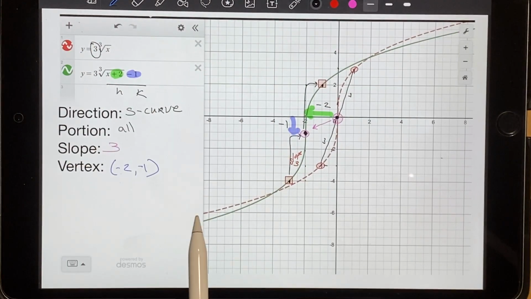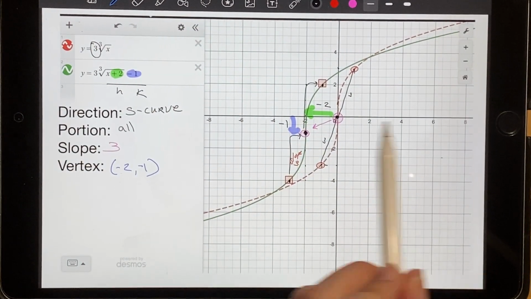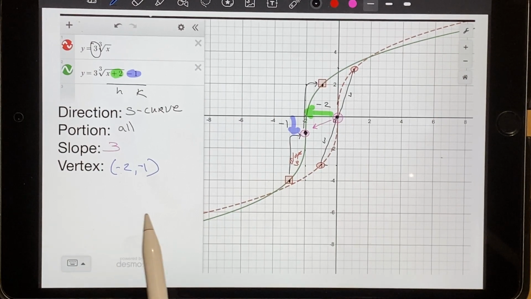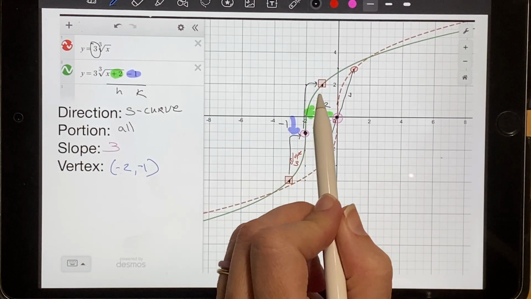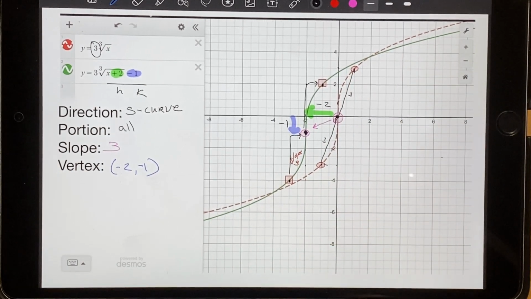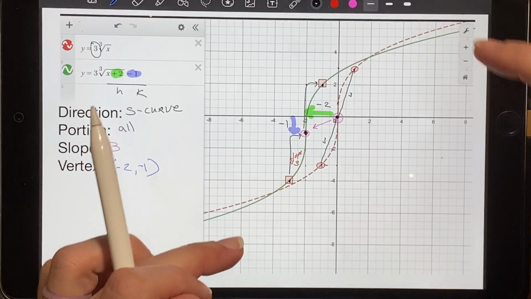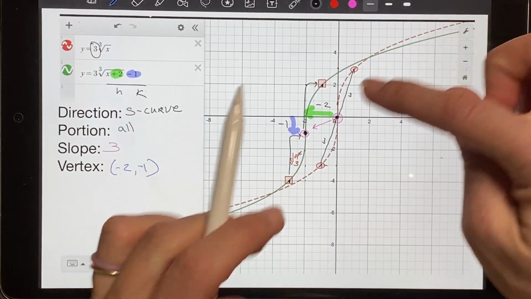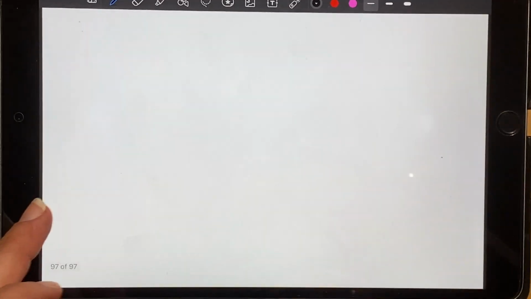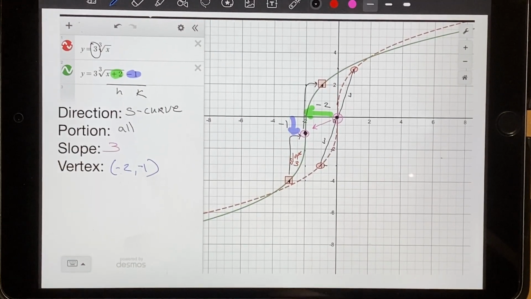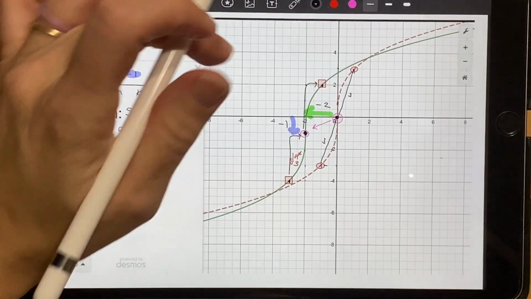And my curvature has to be along the x-axis, so I have to go in from infinity along the x, and I'm going to curve up, and I'm going to change directions at my vertex and curve back along to positive infinity along my x-axis. So we took our basic one, and we just moved the entire thing down and back.